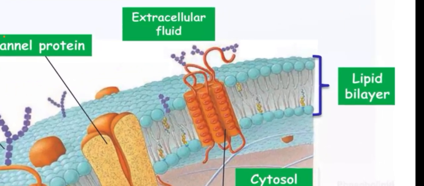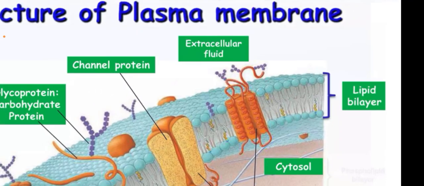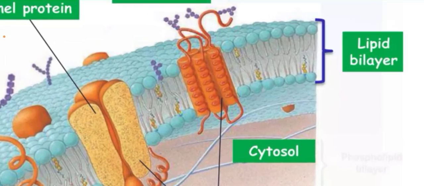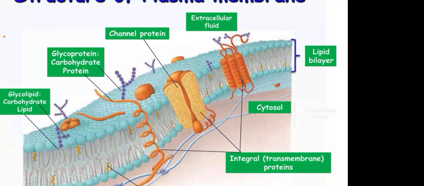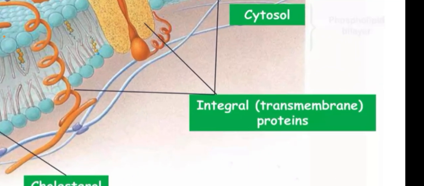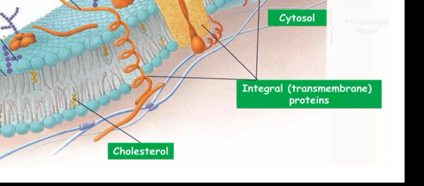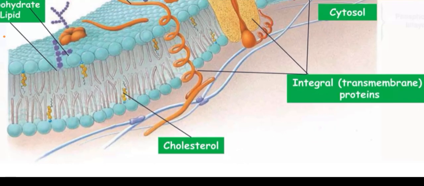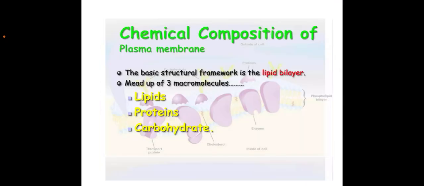And this is the extracellular matrix with which the cell membrane is bound. So these are the two lipid bilayers, one upper and one lower, and inside is the cytosol of the cell. And these are the integral proteins, and those are the cholesterol molecules embedded in the cell membrane or plasma membrane.